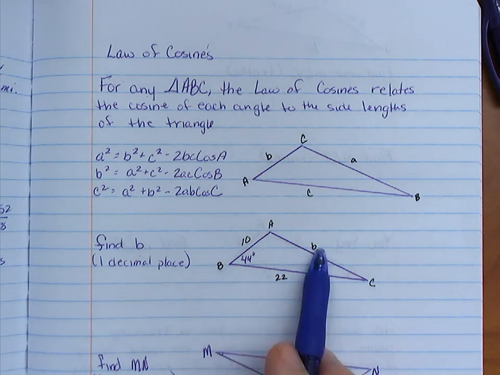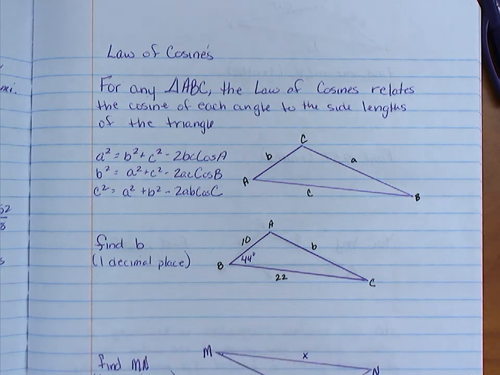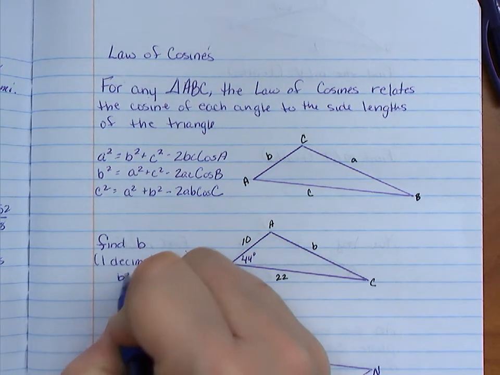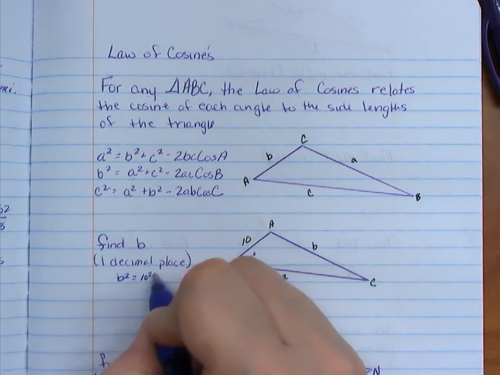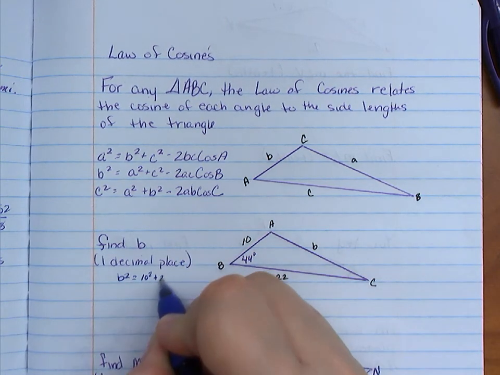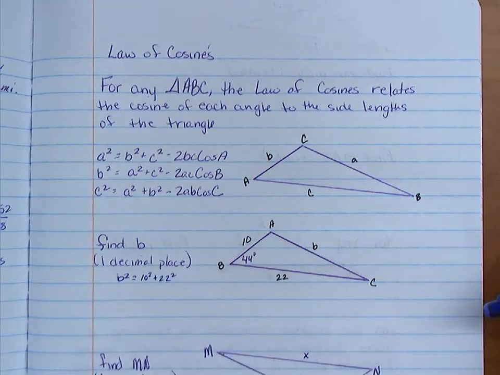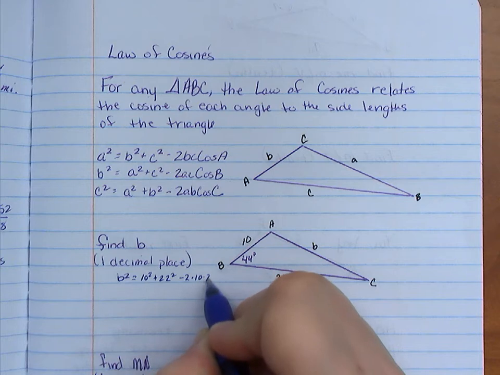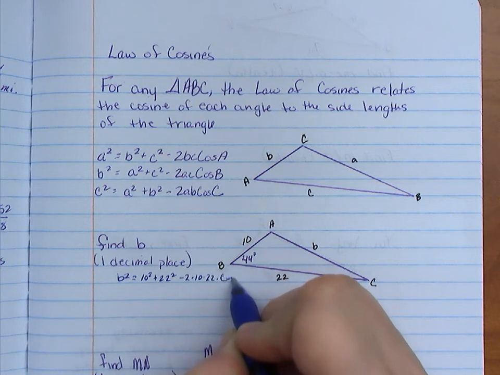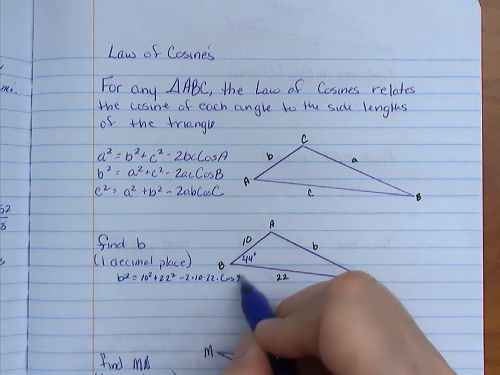So this would be B squared equals 10 squared plus 22 squared minus 2 times 10 times 22 times the cosine of 44.